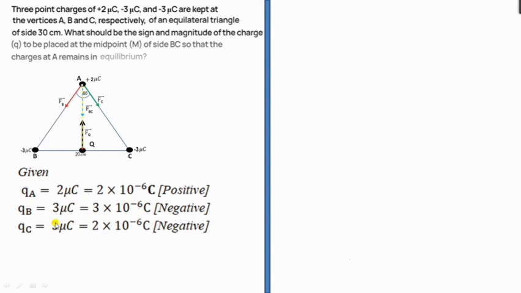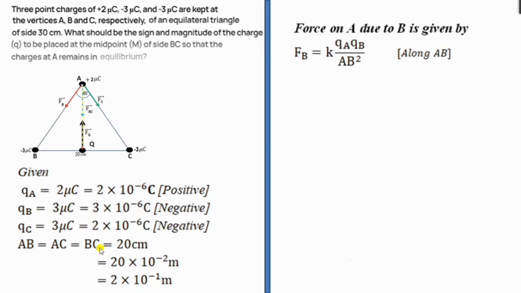QA, QB and QC are given. I am not writing minus here, I am writing negative and positive, and all the distances AB, AC and BC are 20 centimeter. So FB, this force FB will be given by this.